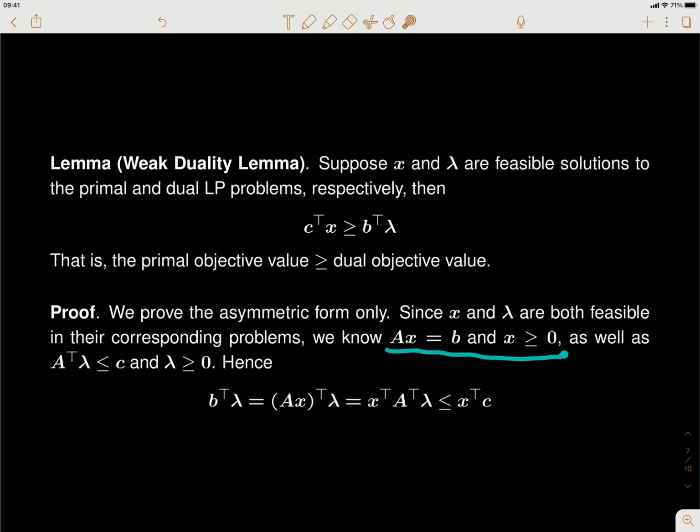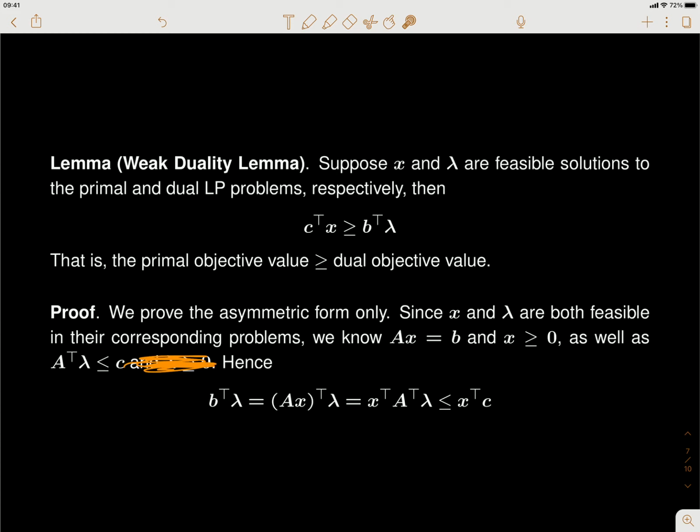And lambda satisfies the constraint in the dual problem, so that means A transpose lambda is less than or equal to c. Now, because of this, we can check b transpose lambda.